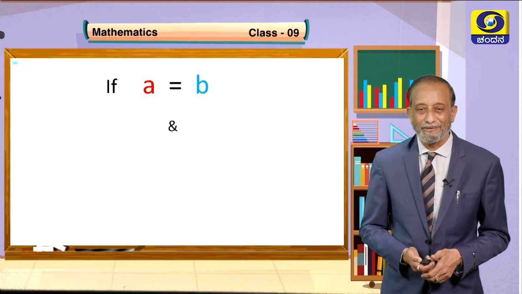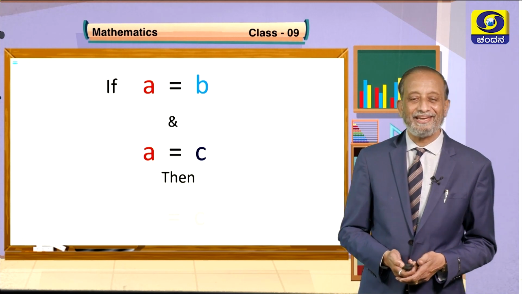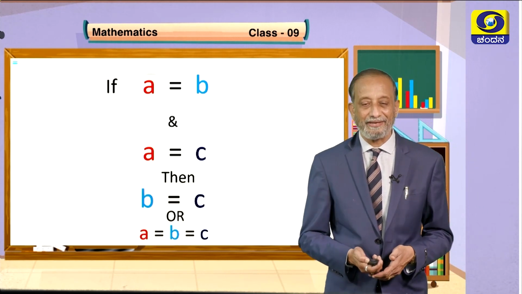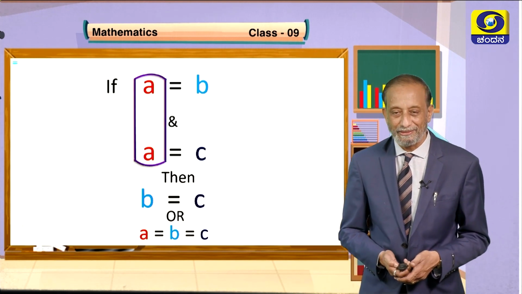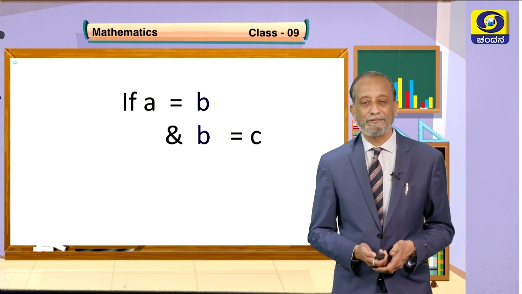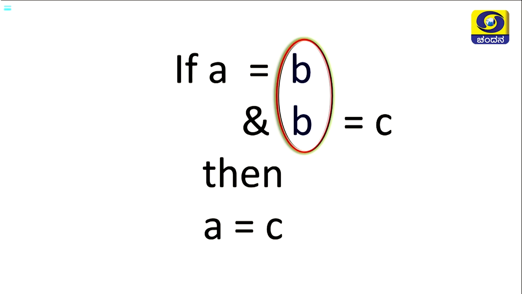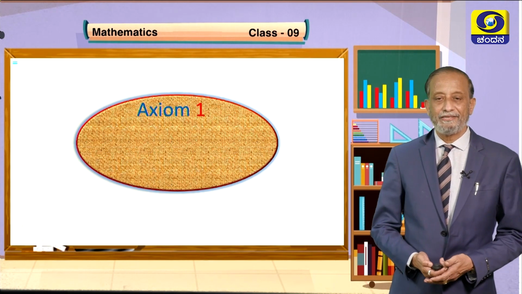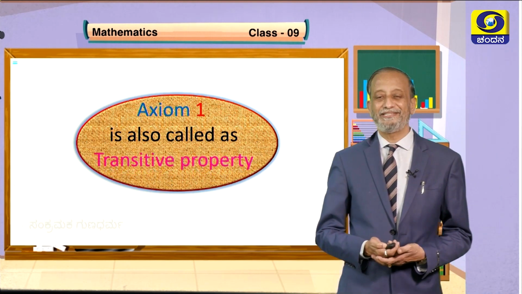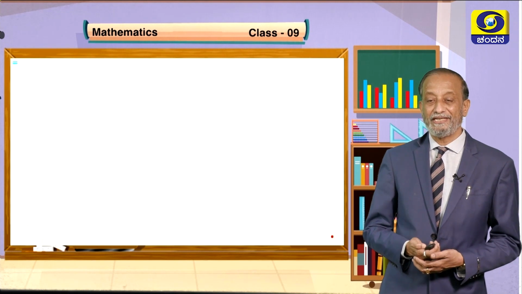If A is equal to B and A is also equal to C, then definitely B is equal to C, or A is equal to B is equal to C. This can be also written in this fashion. If A is equal to B and B is equal to C, then definitely A is equal to C. Axiom number 1 is also called as transitive property, sankramaka guna dharma pravahana sheela sambandha.